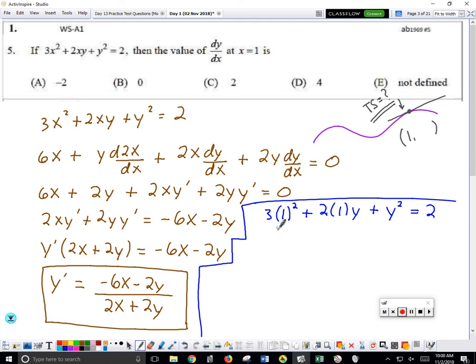Cool. So I start working on this. So this is 3 plus 2y plus y squared is equal to 2. Okay, reviewing again. So the flashcard memories that you have got to have with regards to this problem are, all right, they want the derivative at a point, so I need to find the derivative. That's one memory.